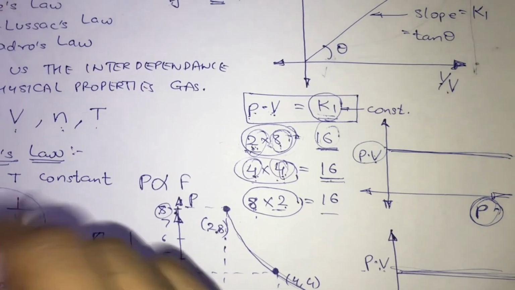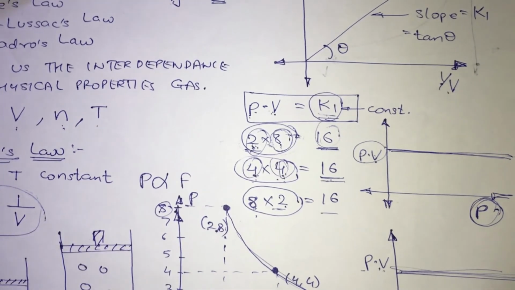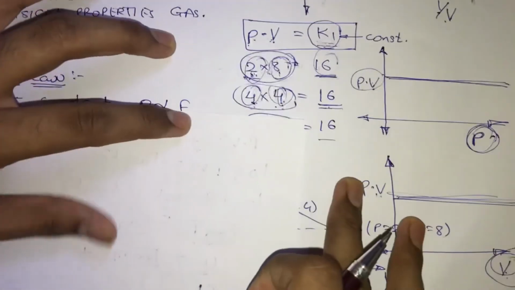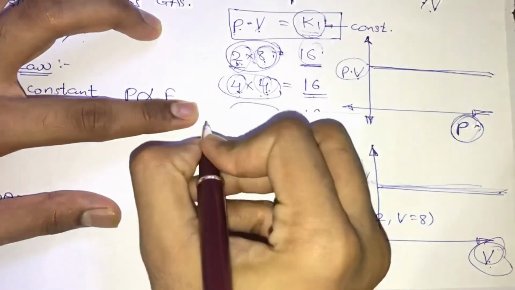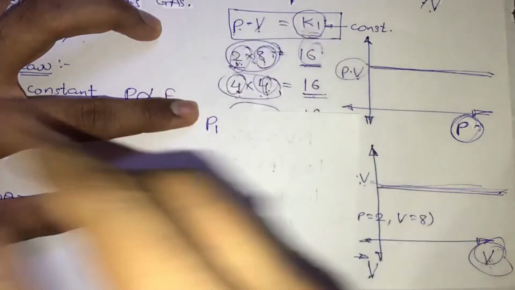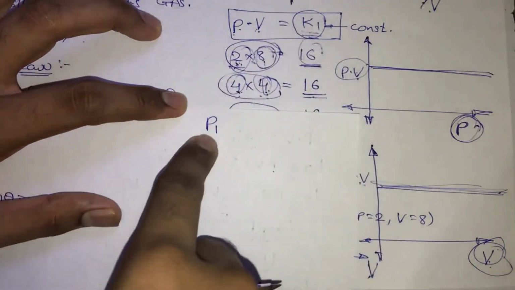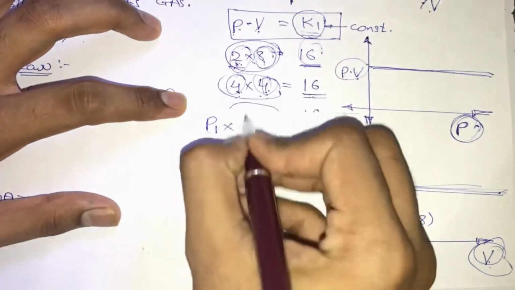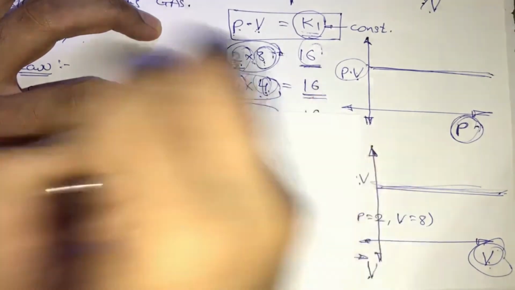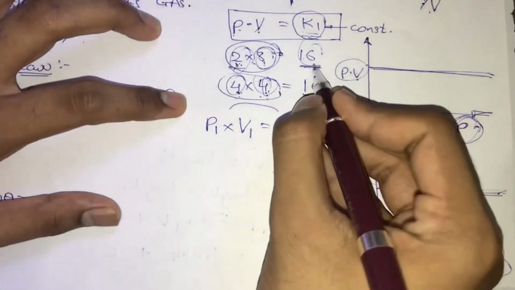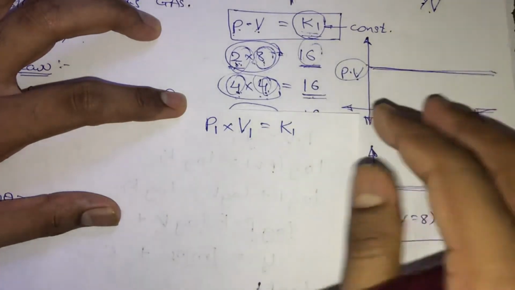And I forgot to mention one point, that let's say that this pressure which we have taken as 2, we consider it to be P1, which means that rather than taking 2, we will take some another value into V1. So volume we assume it to be V1 is equals to K1. Okay, so the K1 value is fixed as we all know.